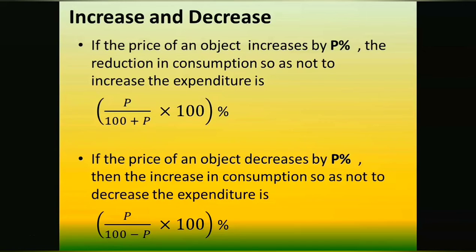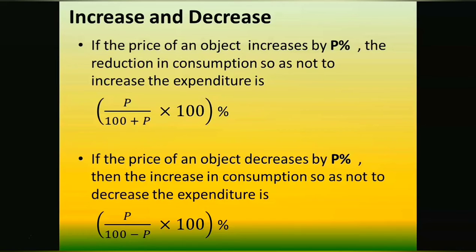Let's take one more simple example to understand this. Suppose if you were buying 1 chocolate for 10 rupees and now the price of chocolate has decreased and it became rupees 5. Then in order to keep the expenditure same, that is you are ready to spend 10 rupees, how many chocolates will you have to buy?